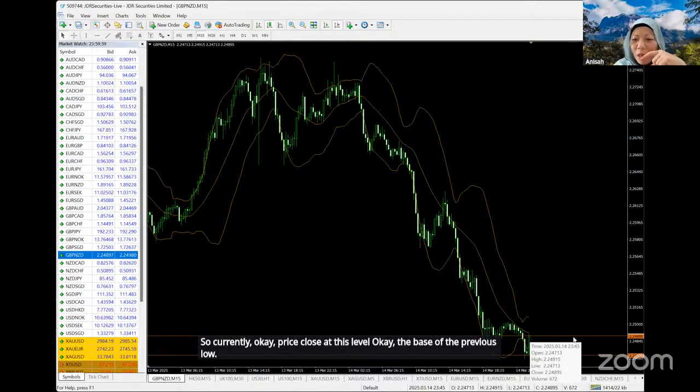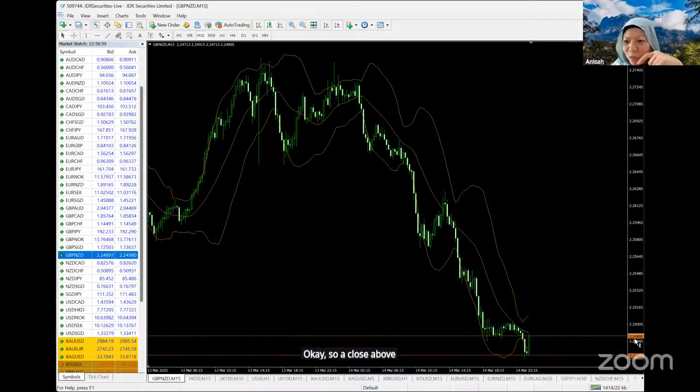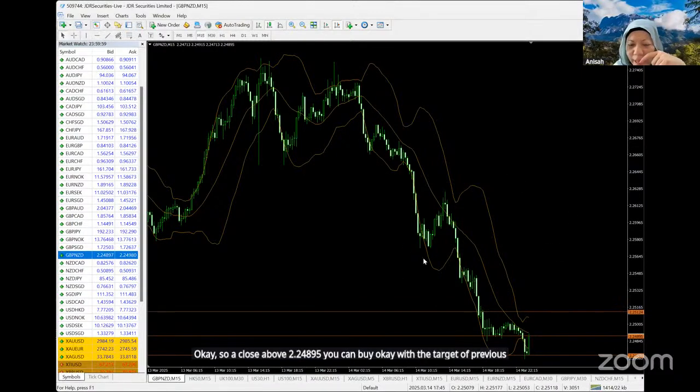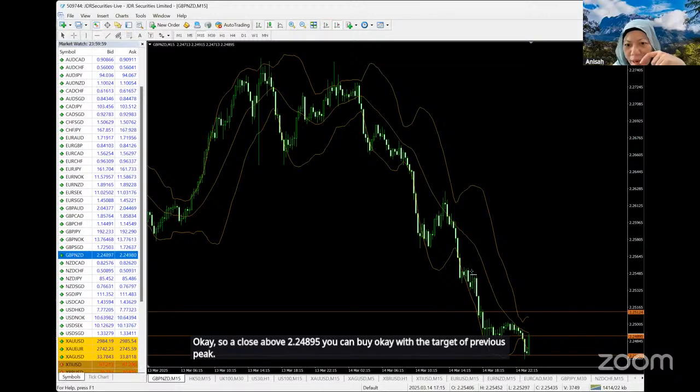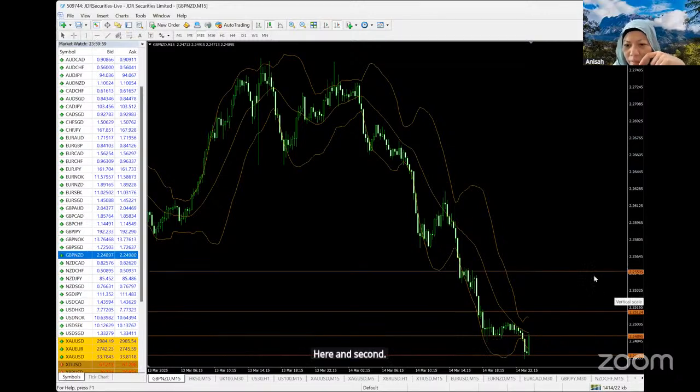A close above 2.24895, you can buy, with the target of the previous peak, first here and second here. And your cut loss level is halfway of this candle.